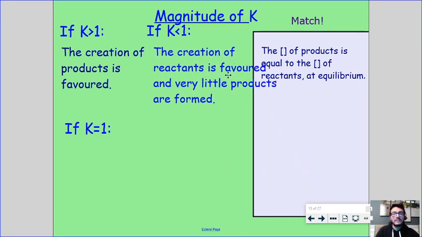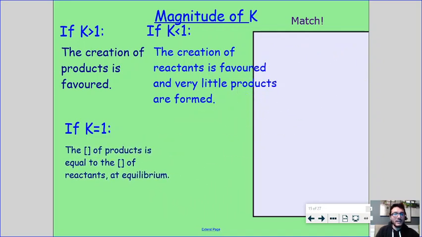The creation of reactants is favored and very little products are formed, relatively speaking, which only leaves us with this over here. When K is equal to 1, then the concentration of products is equal to the concentration of reactants. And that doesn't always happen. It often does not, but that's what that scenario would be. Right, we're going to stop part 1 of this lesson, and we're going to continue with the fun stuff in part 2.